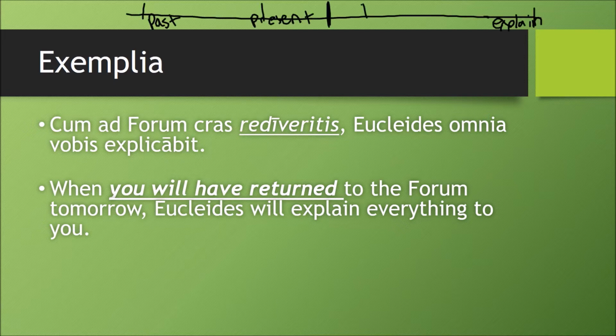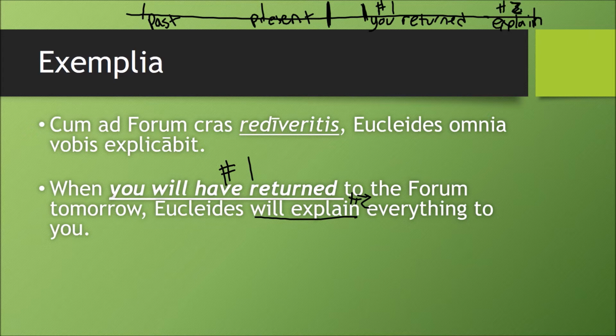Using our timeline for the past, present, and future, our future tense is that Euclides will explain everything to you. Before he can do that, you need to have returned. So here, our future perfect tense that happens before the other verb is you will have returned, redieritis, and then our regular future tense action, which will happen if the other happens first, is Euclides will explain.